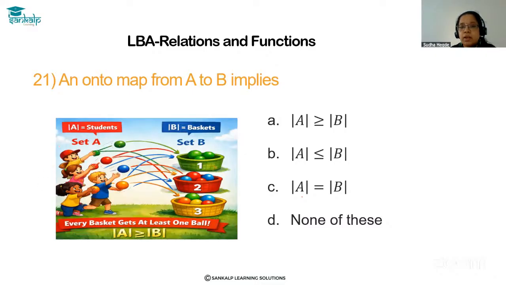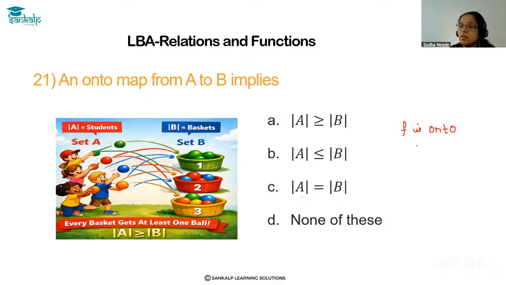Say f is onto. Correct? F is onto means all the elements of B must have pre-image.